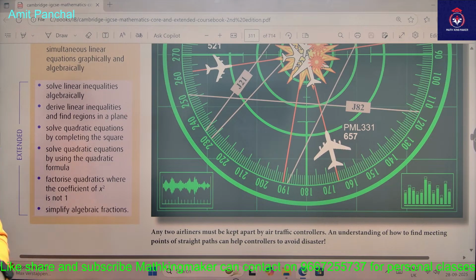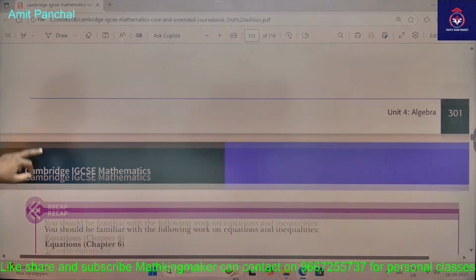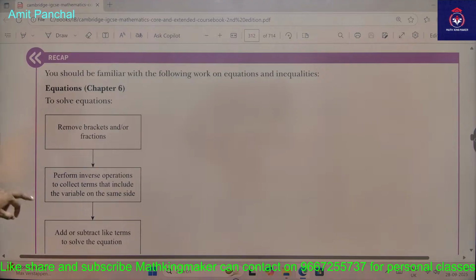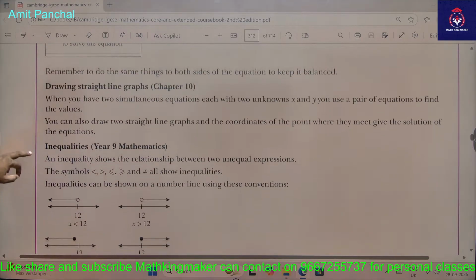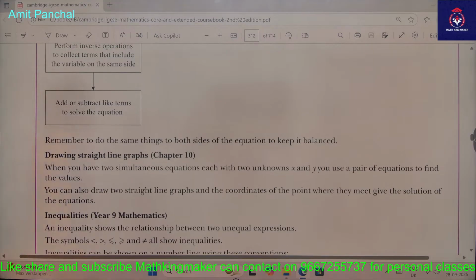Got it? Okay, do you remember how to draw straight line graphs? Yeah, y equals mx plus c. That is a straight line graph.